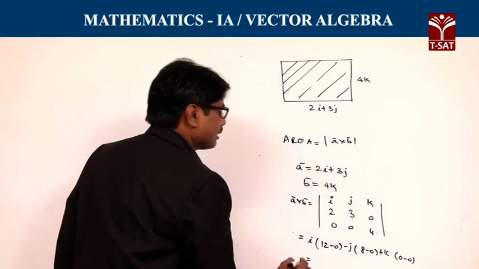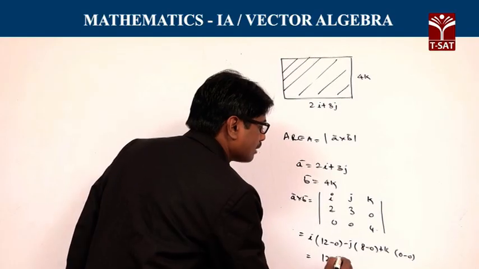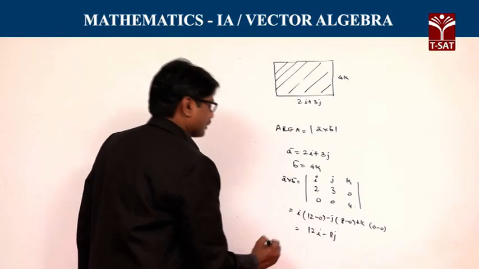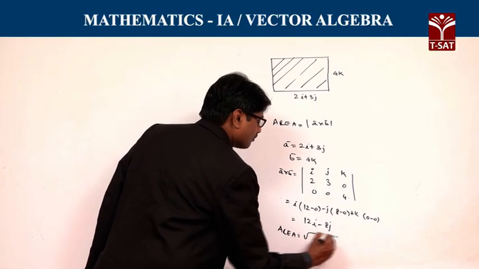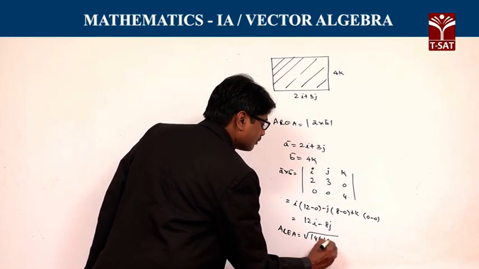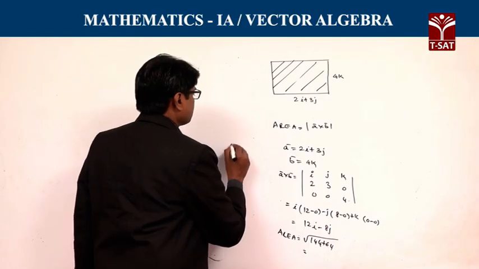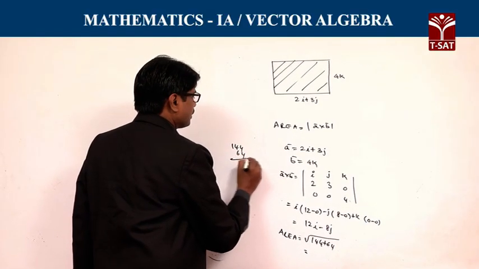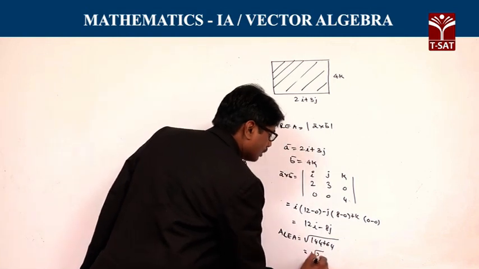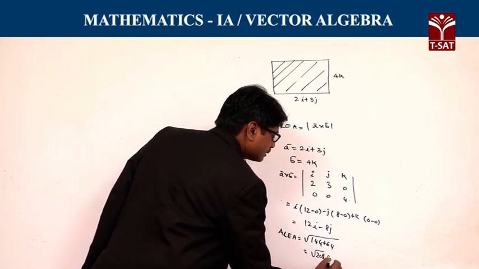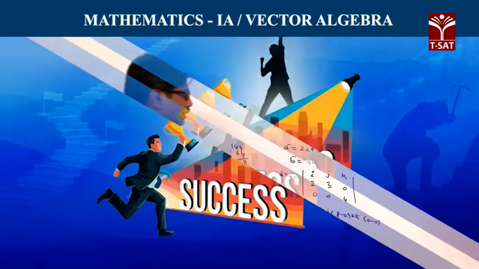So the cross product of a bar and b bar will be 12 times i bar minus 8 j bar. So area will be equal to root of 144 plus 64, that is 208. Root of 208 square units, the area of the above rectangle.